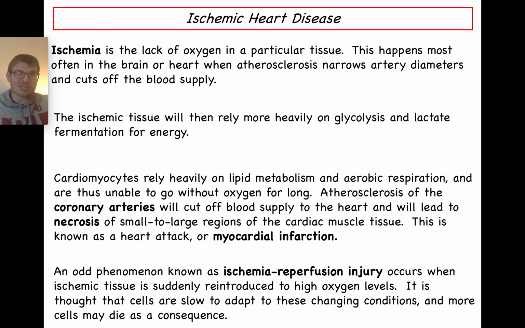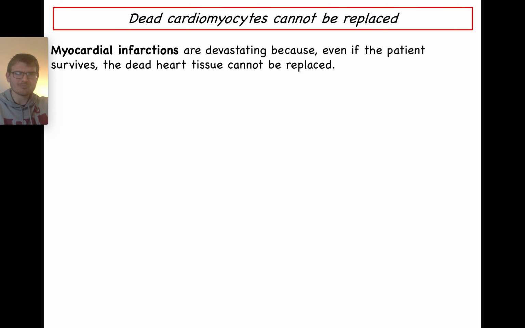Ischemia reperfusion injury is what occurs to cells that have been ischemic for a while, and now all of a sudden we reperfuse them, meaning we reintroduce full blood flow, and now suddenly they are introduced to high levels of oxygen that they maybe are not quite so used to on the short term. So it's thought that cells are slow to adapt to things getting back to normal so fast, so you actually may have even more cells die as a consequence. So that's something that's kind of odd, kind of worth mentioning there.